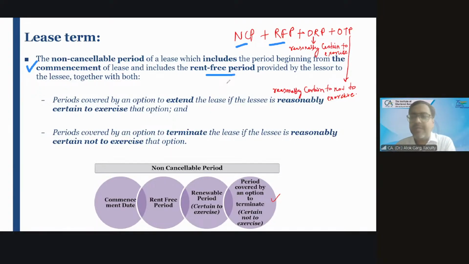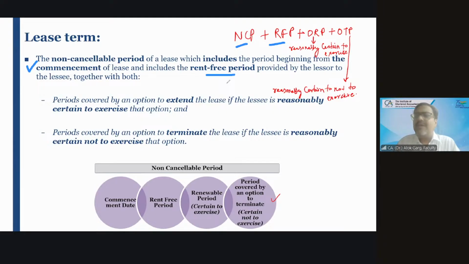And after completing this 1 plus 3 years, while the contract is for 5 years, after paying rent for 3 years, you can walk out from the contract without any penalty. Means if you want to vacate the premises, you can vacate. There is no penalty. Means the 5th year is an optional termination period. Correct?